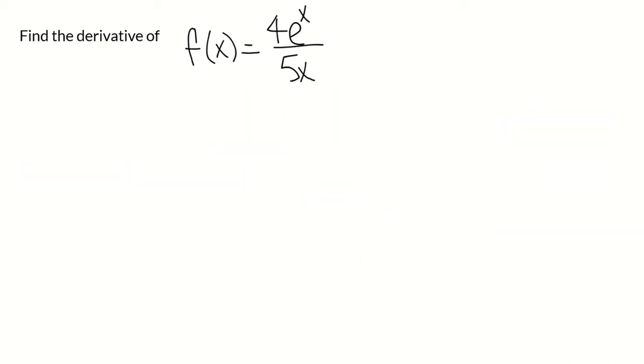Okay, another homework problem. Let's find the derivative of f of x equals 4e to the x over 5x. This is one where we're going to need to use the quotient rule. So here's the top of our function and the bottom.